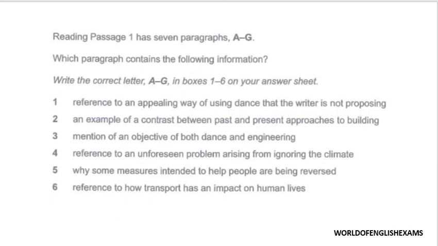That means the passage is something to do with dance, and the writer is not proposing that way. But we have to find which way is that and what paragraph gives the information about that. So that's the first statement. Here the keywords are appealing way, dance, not proposing, because you will not find the term writer.